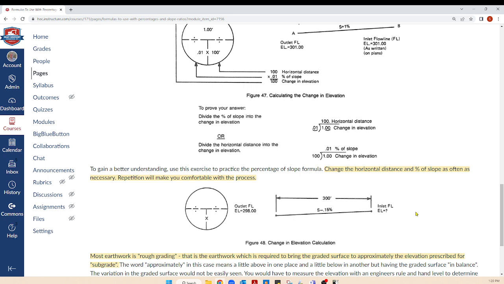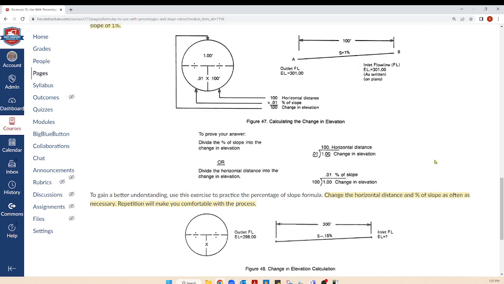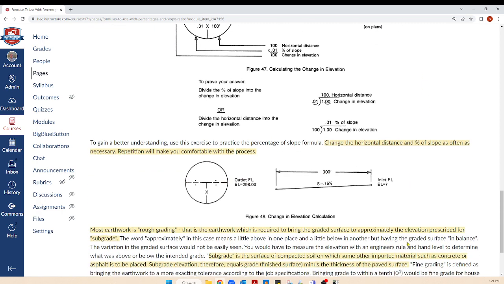So it's going to be plus 298 equals 298.45. But it's not telling us the outlet. Well, at least it's different. You add that 0.45 to it. And this one's not doing it though. This one leaves us room to calculate it.